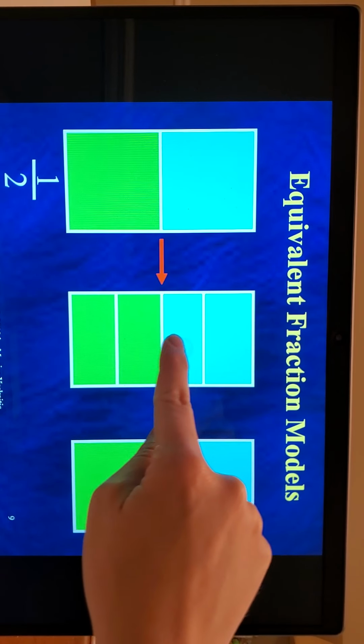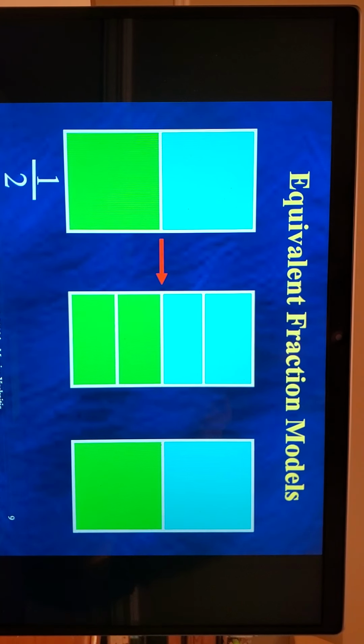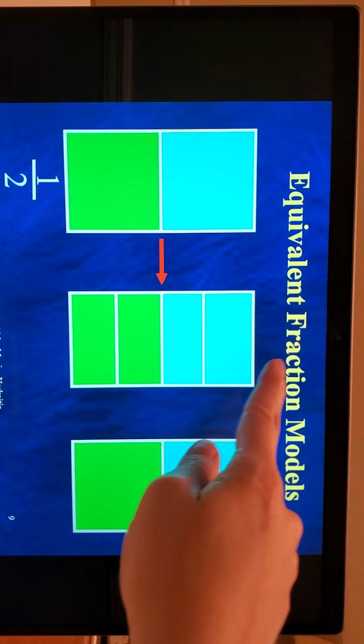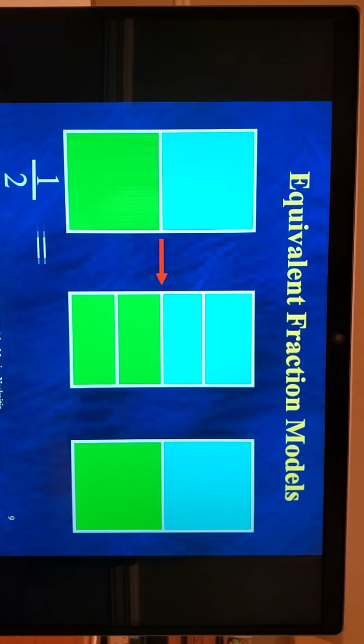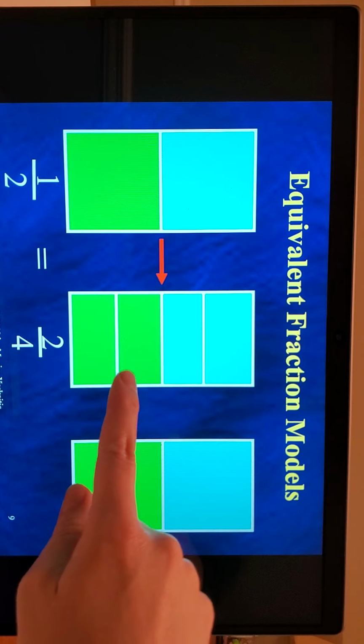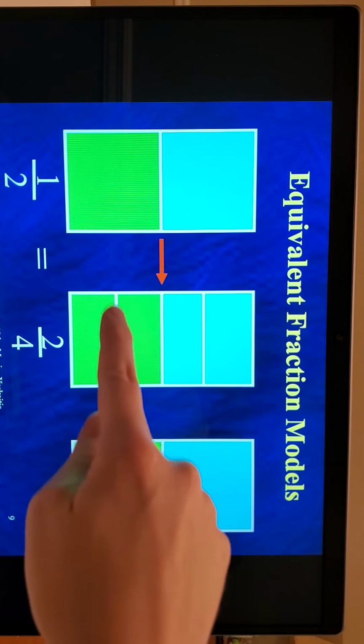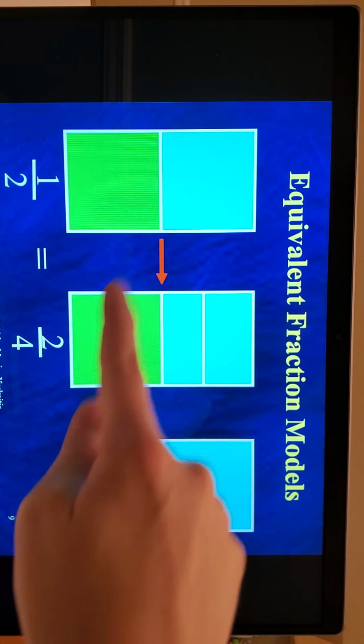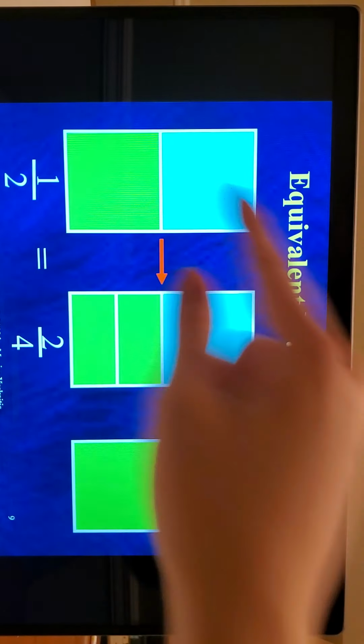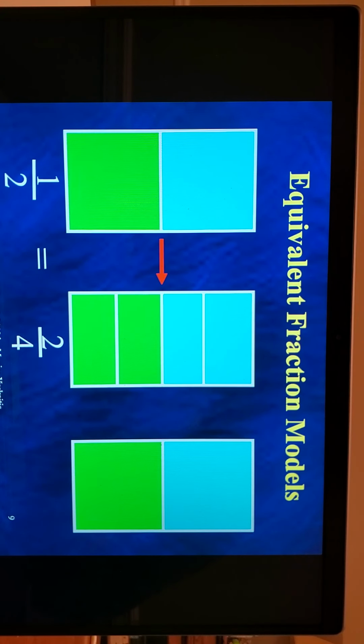Now we're going to have 1, 2, 3, 4. Of those 4 equal-sized pieces, 2 of those are green. So the fraction to represent this rectangle is 2/4. But if we look at these next to each other, the part that is green here and the part that is green here is the same size. It takes up the same amount of space.